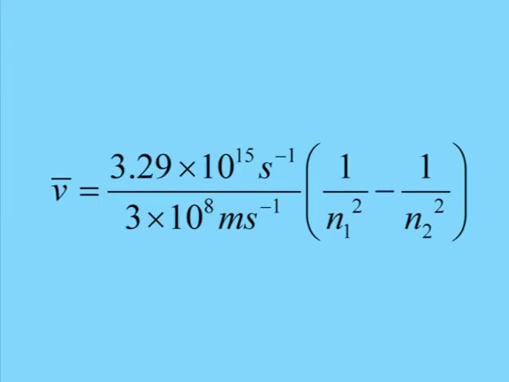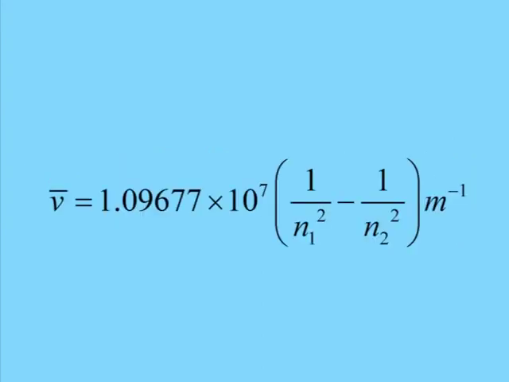On substituting the value of Rydberg constant and velocity of light, finally we get 1.09677 into 10 raised to the power 7 into 1 upon n1 square minus 1 upon n2 square meter inverse.